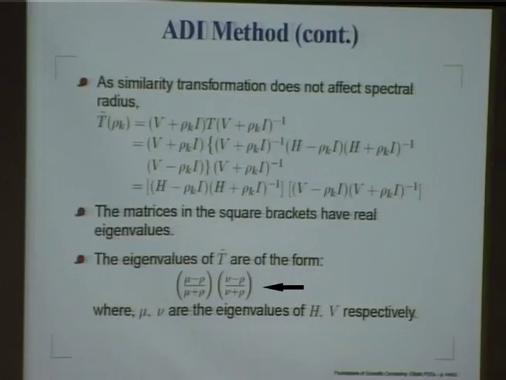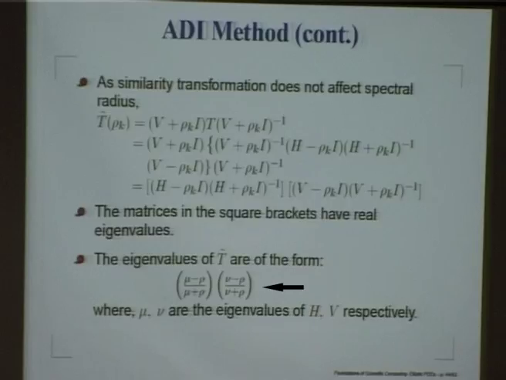Why have we written like this? It very clearly shows, irrespective of whatever may be the values of mu and nu, each of these products within the first bracket is guaranteed to be less than 1. Can you see that? Whatever may be my value of mu and nu here, this factor as well as this factor is always less than 1.